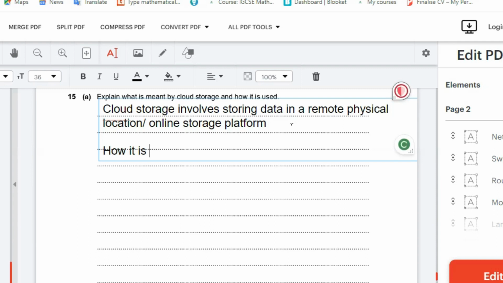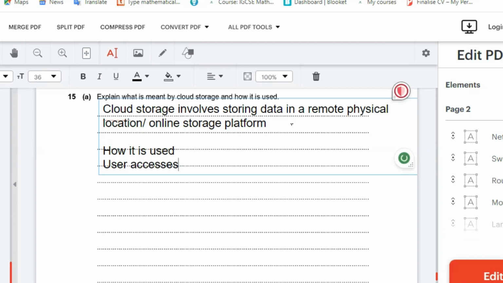One, the user accesses the cloud storage using the internet. That means without the internet, you cannot access a cloud storage.